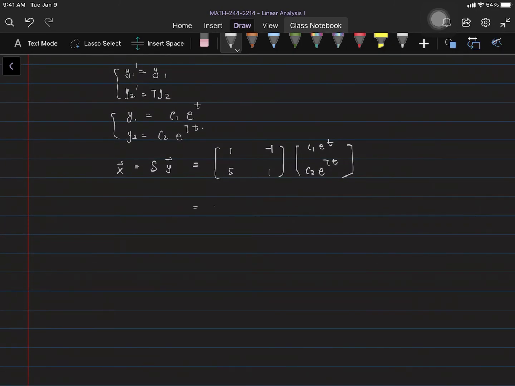So it should be c1 e to the t minus c2 e to the 7t. That is the first row. Second row times that one, so it should be 5 c1 e to the t plus c2 e to the 7t. So this is the solution x1 and x2. Okay? That's the final solution.